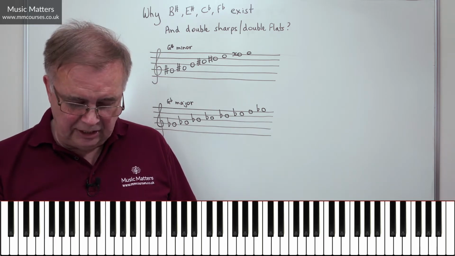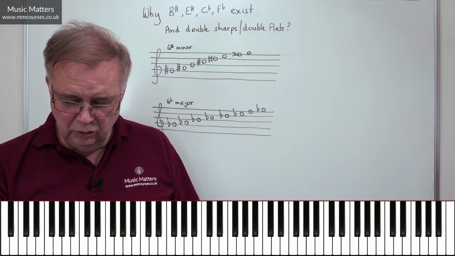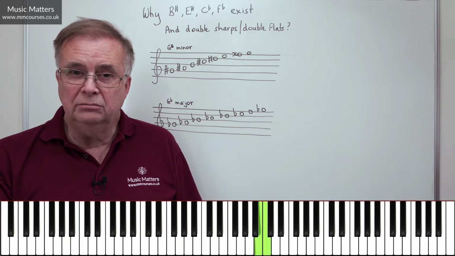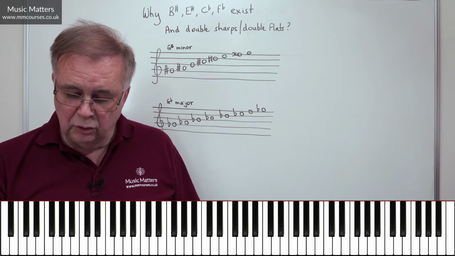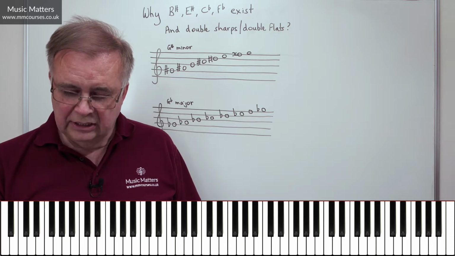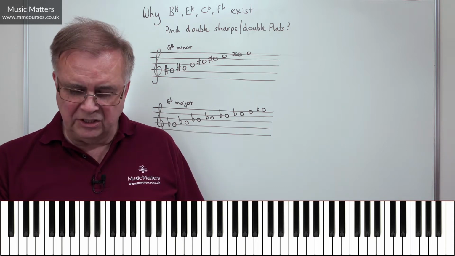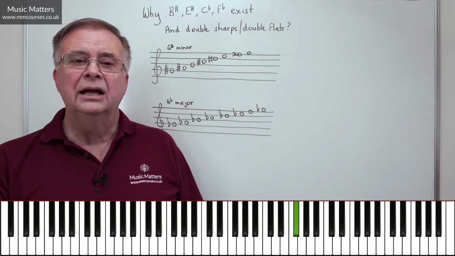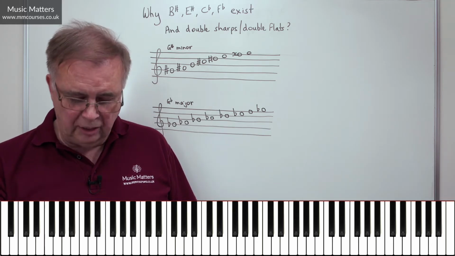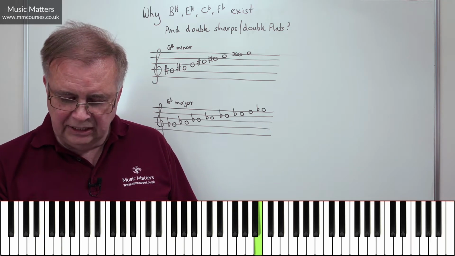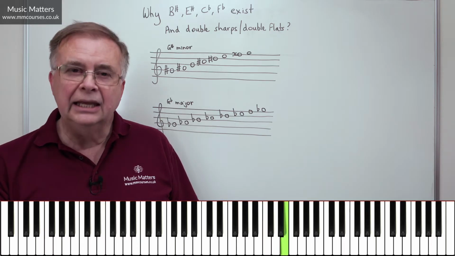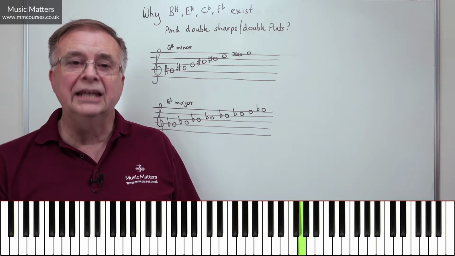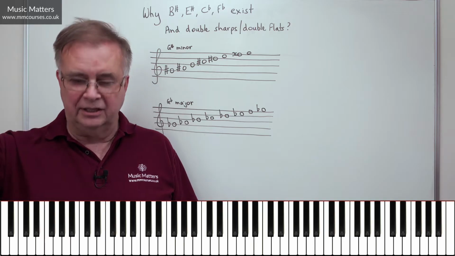So if I take G major, it goes tone, tone, semitone, tone, tone, tone, semitone, just as C major did. But you notice this time I have to use F sharp. So I'm going G, A, B, C, D, E, F sharp, G. And again, I've got one of each letter.